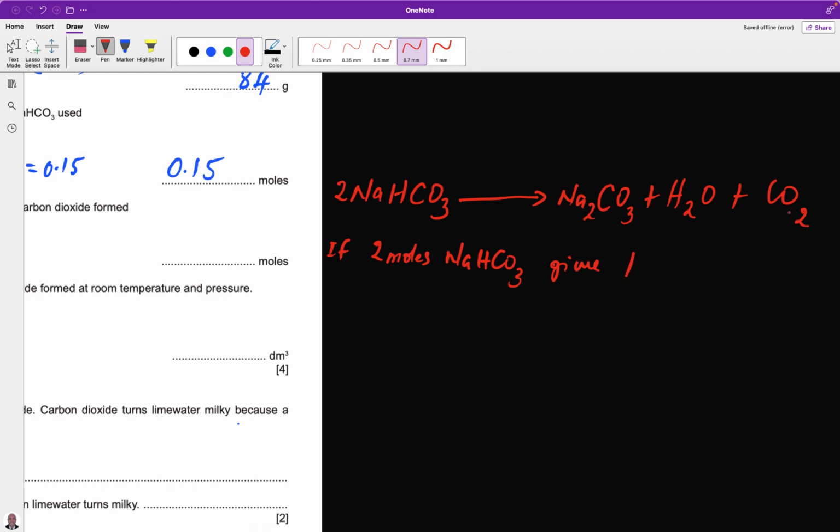It's only 1 mole of carbon dioxide here.